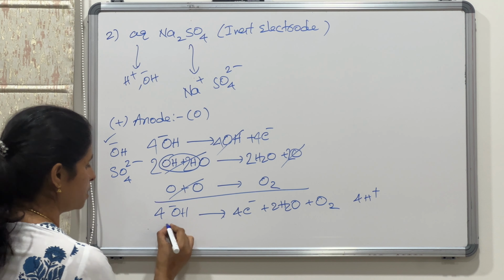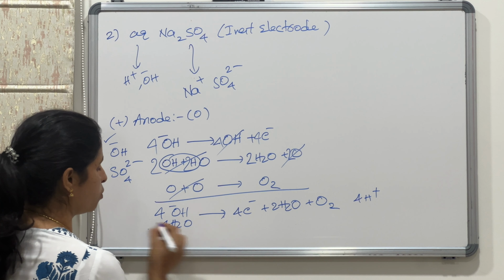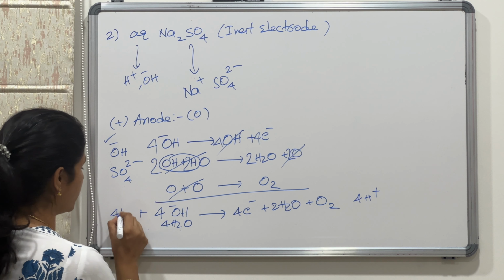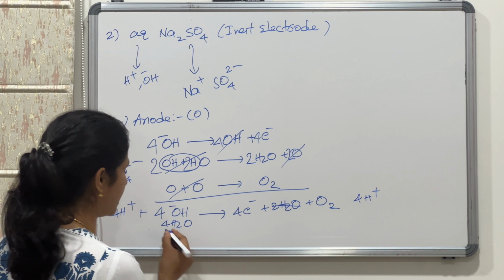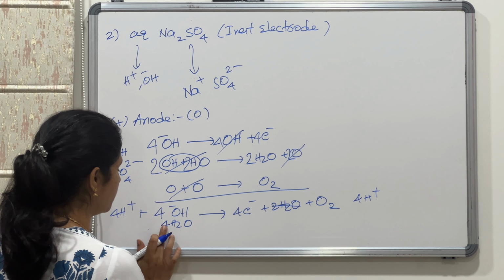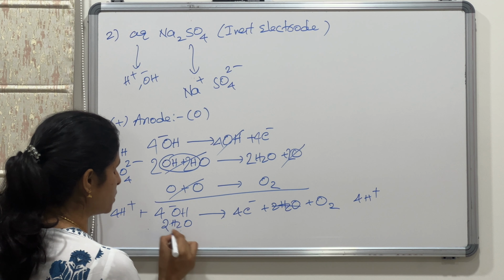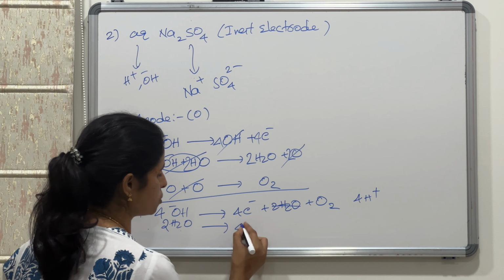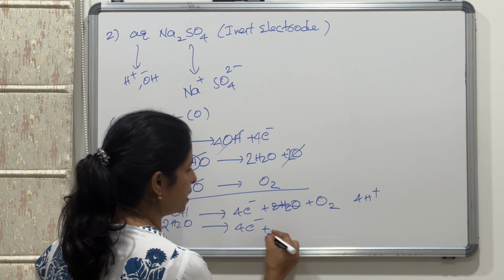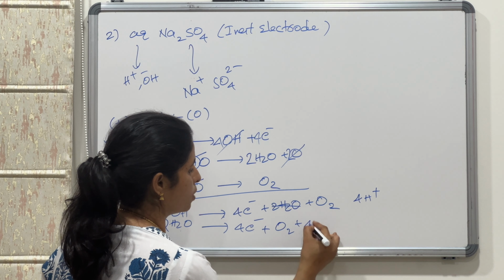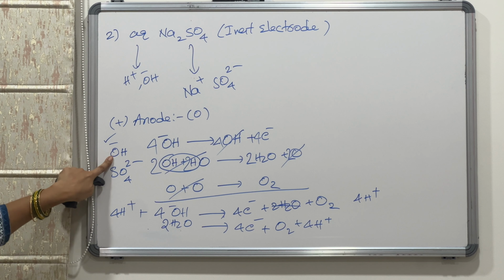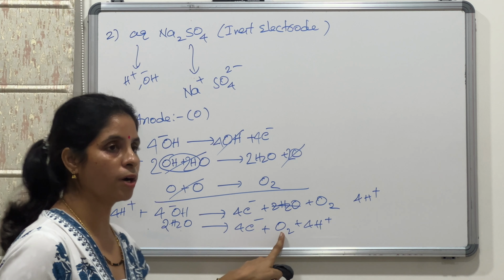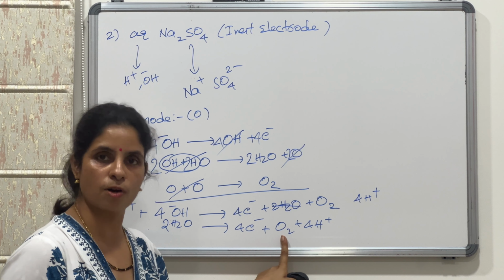Again this, if you add 4H plus, will become 4H2O. So 2H2O will get cancelled, and here your equation is 2H2O gives rise to 4 electrons plus O2 plus 4H plus. So by looking at this equation, if OH has the highest oxidation potential, which will go and deposit at that respective electrode? Oxygen.